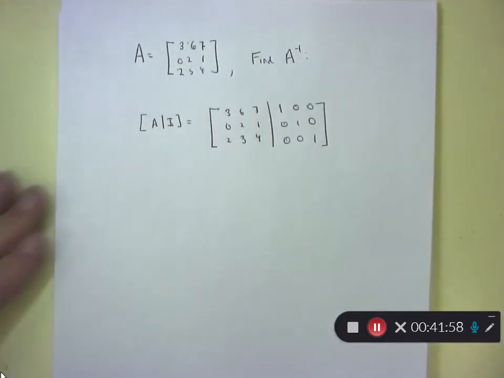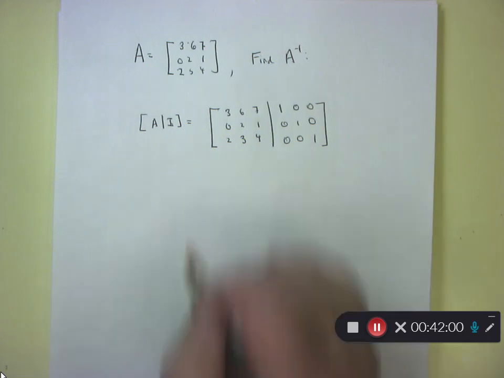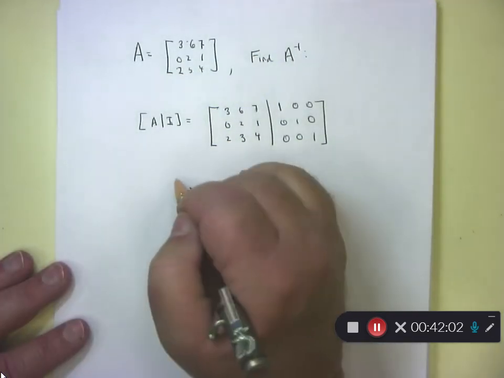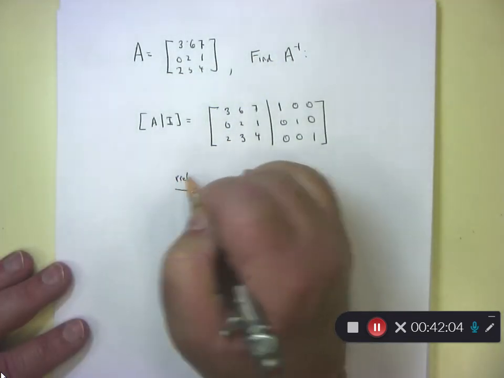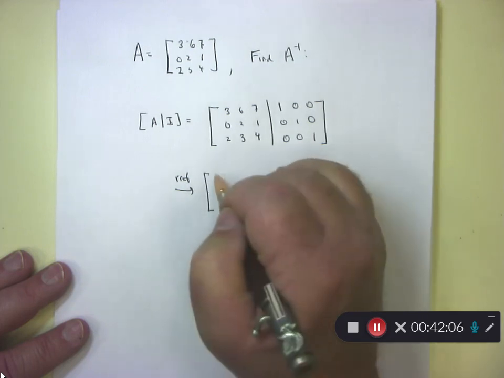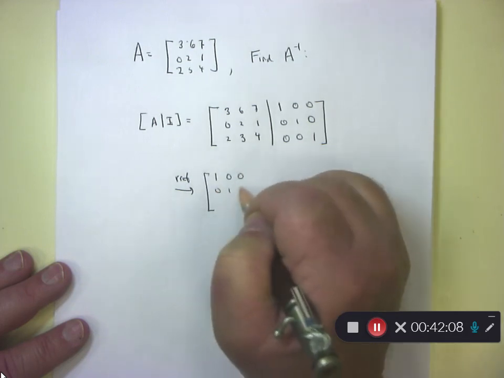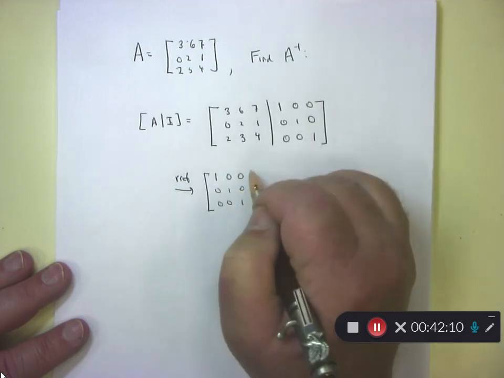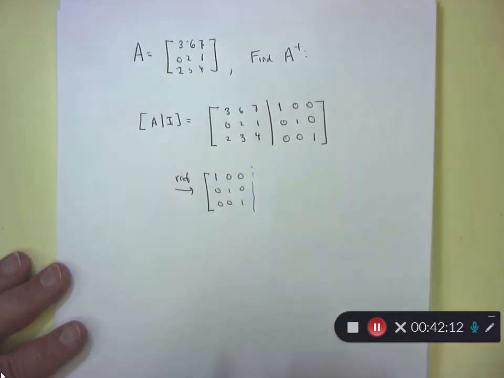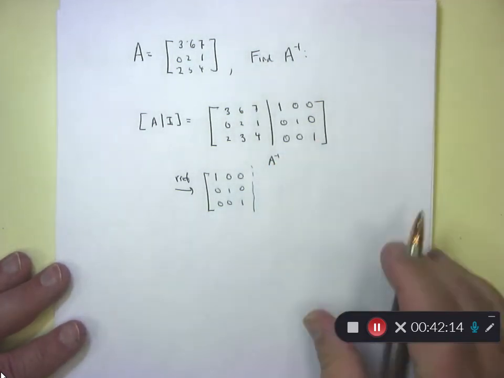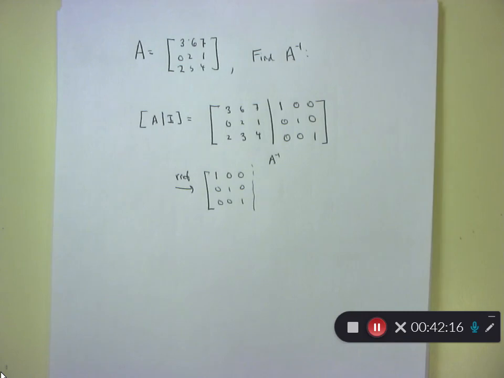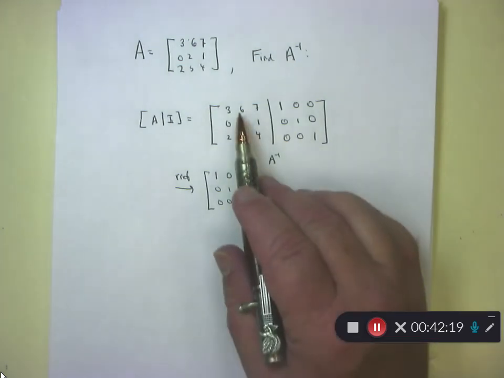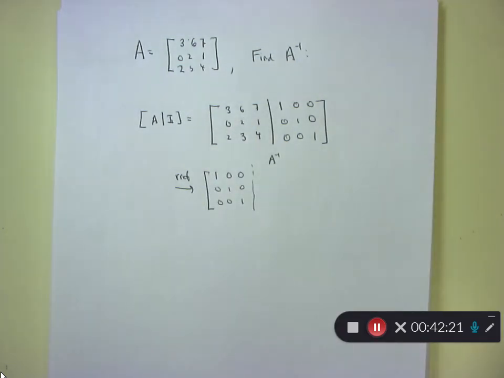And then, what are you going to do? Our goal here is to reduce row echelon form this guy, which will give you 1, 0, 0, 0, 1, 0, 0, 0, 1. And it would be augmented with the inverse. Does that make sense? Now, how would you do this problem?